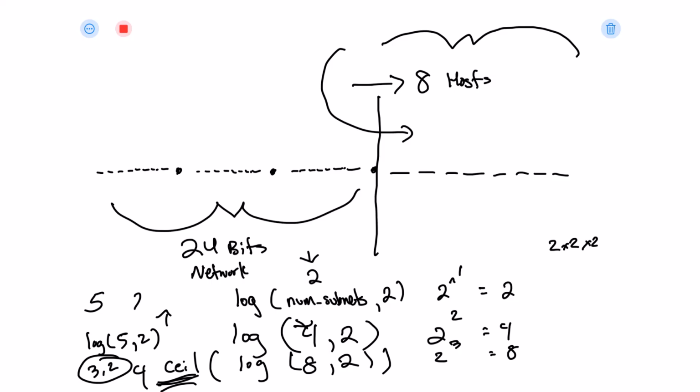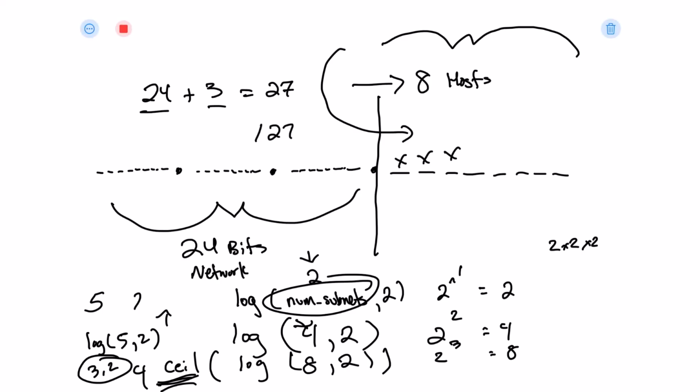But if we needed 3 extra bits here, which is going to, of course, take us from our original 24 prefix to those 3 extra subnets, the number of subnets that we needed, then this is really the value that we're coming up with. What /27, what are we trying to make those additional subnets?